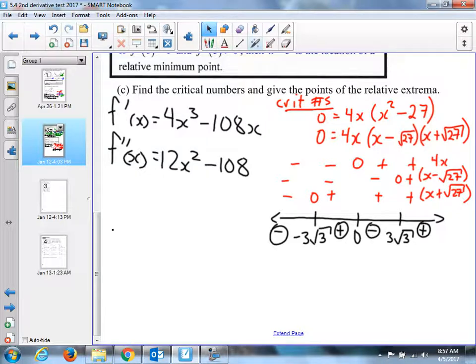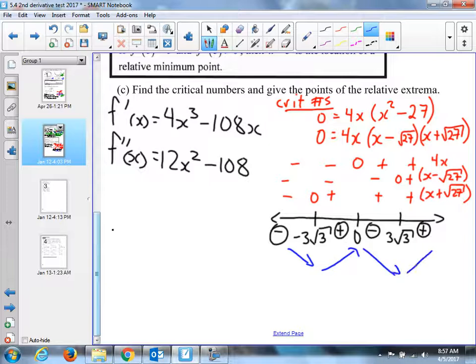Just to remind me what this all means, as its first derivative: down, up, down, up. That quickly tells me where my maxes and mins are. And we know the curviness of this from the previous one. We could connect this together and have a pretty good sketch of the graph, but that's for a later section. Anyways, give the points of the relative extrema.